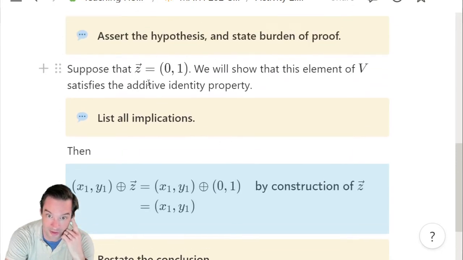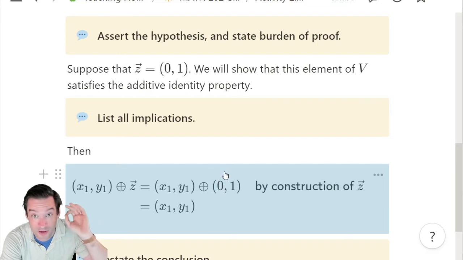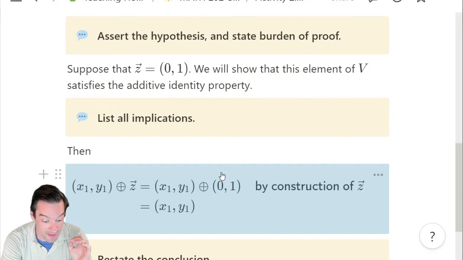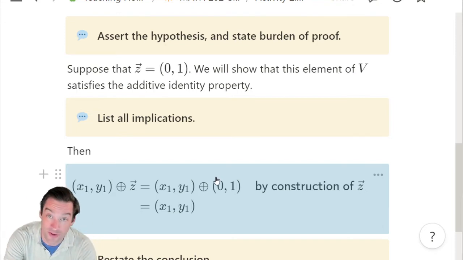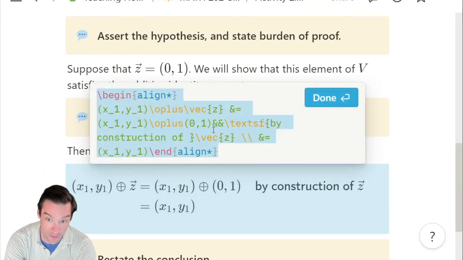So we decided that z was (0, 1), and that's why I can replace z by (0, 1) in this calculation. This is going to feel very sort of fussy and pedantic and legalistic. And we won't necessarily have to write this every time, but it's a very, very good habit to inculcate. Because if you're not sort of conscious of those things yourself as you're writing a proof, then you're much more prone to making errors in your proof along the way. So try to abbreviate as little as possible and skip steps as little as possible along the way.